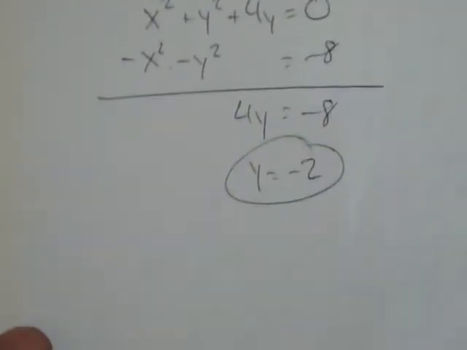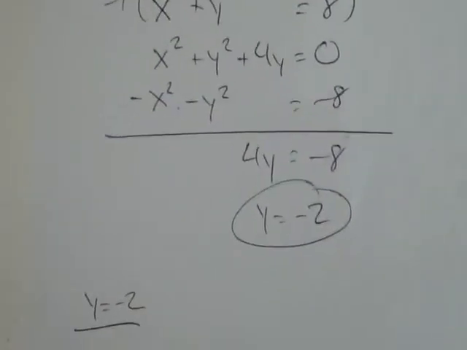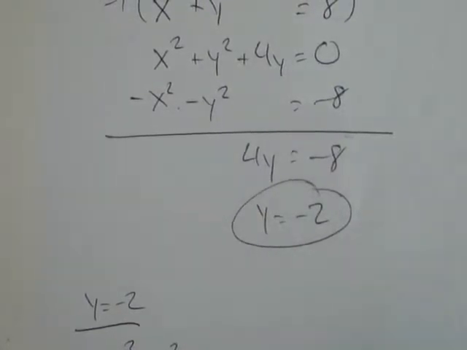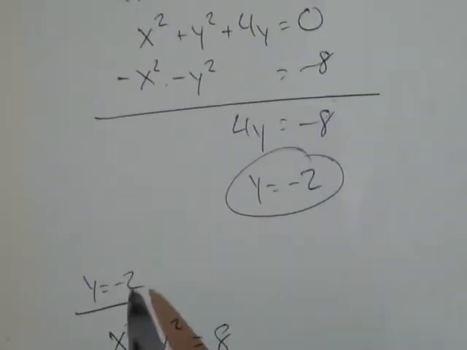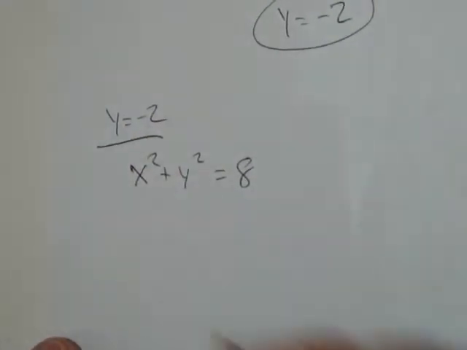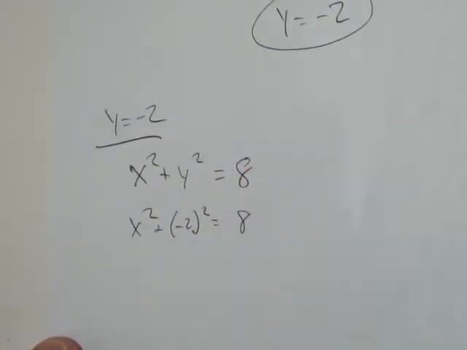All right. So I'm going to do y equals -2, and let's plug it into the first one. So x squared plus y squared equals 8. Plugging in -2 for y, so x squared plus -2 squared equals 8.